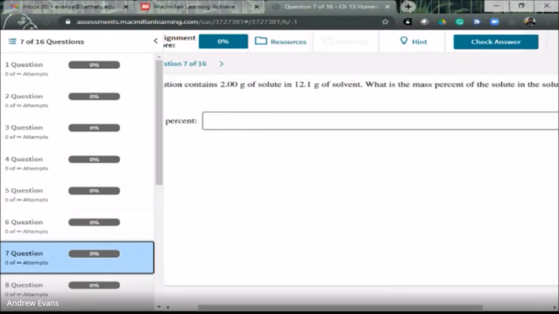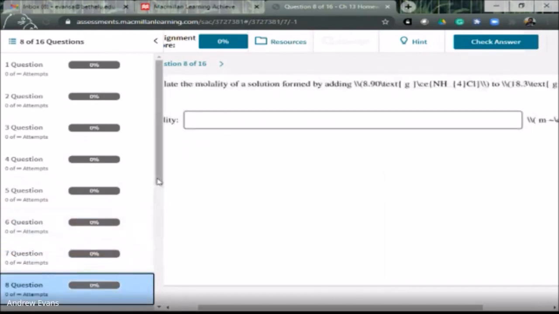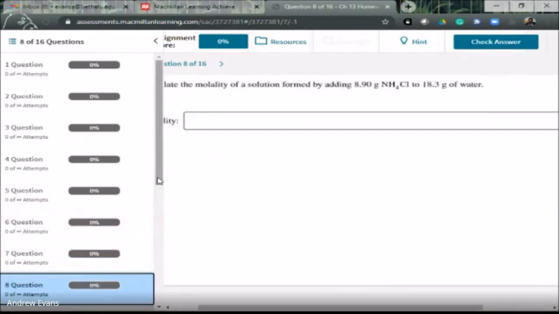The mass of solution is 2 plus 12.1, so 14.1 grams of solution goes on bottom. So you'd say 2 divided by 14.1 times 100 would give you your mass percent, because solvent plus solute equals solution. That one in itself shouldn't be too hard.